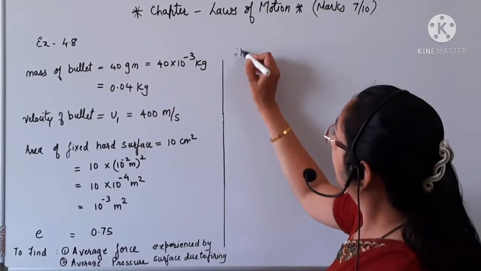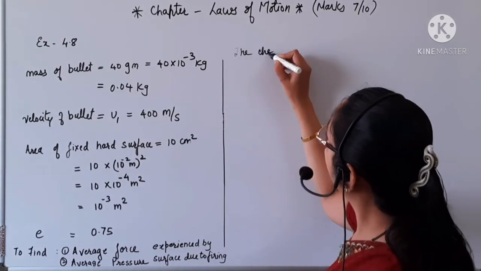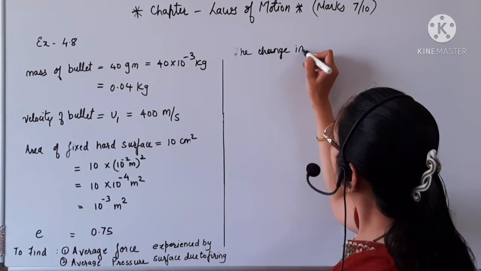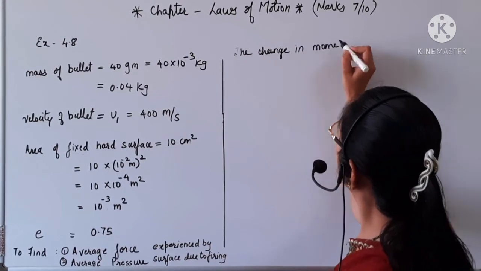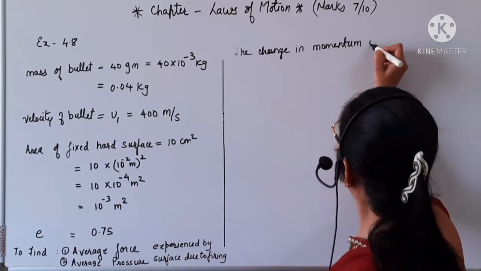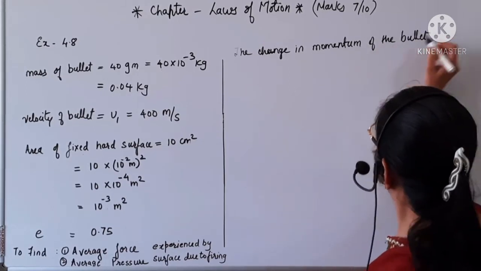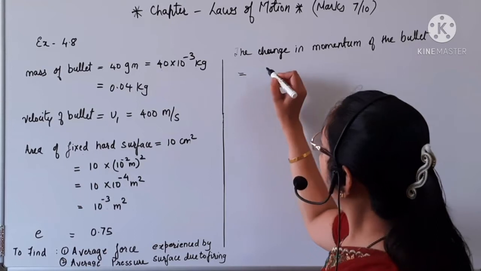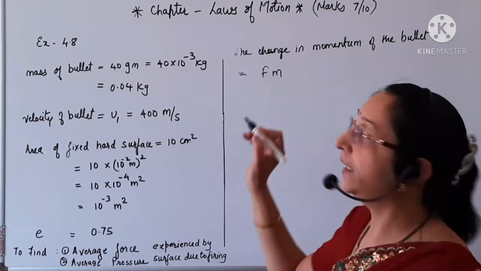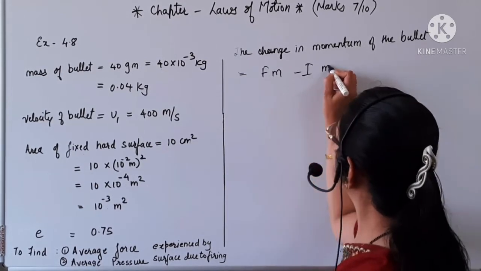Now, the change in momentum of the bullet is the final momentum of the bullet minus the initial momentum of the bullet.